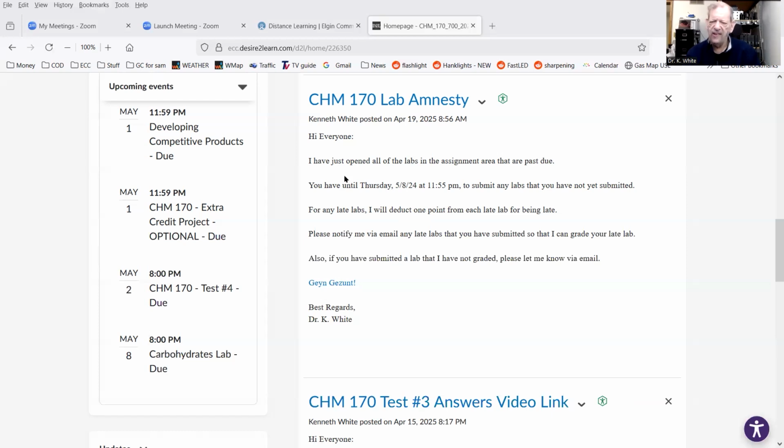I'll grade them. Since COVID, students have been late or forgetful about labs. Go to the grade book in D2L if you don't have a number there. And if you handed it in, email me and let me know, so I'll grade it.